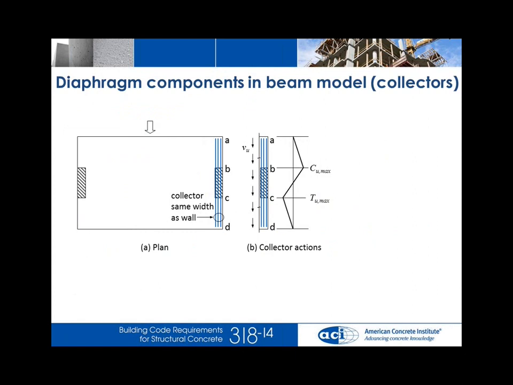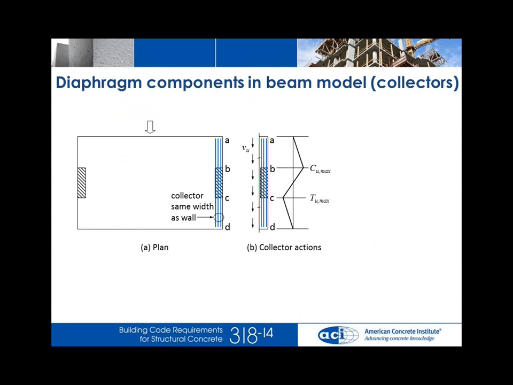If there is shear stress that is applied uniformly through the depth of the diaphragm, then collectors are required to pick up those shear stresses and to transfer them from the diaphragm into the vertical elements of the lateral force resisting system.